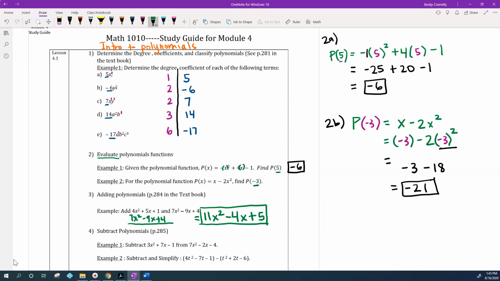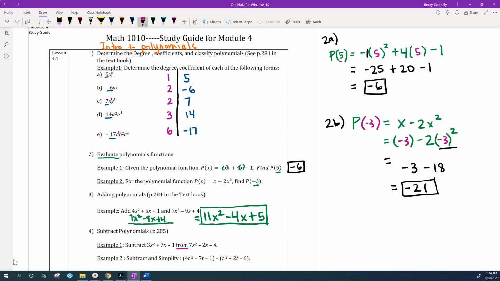Okay. All right, and then with subtraction, there's a few things that you need to remember on this also. So this word "from" kind of tricks people, right? So we're saying subtract 3x squared plus 7x minus 1 from this other polynomial, right?